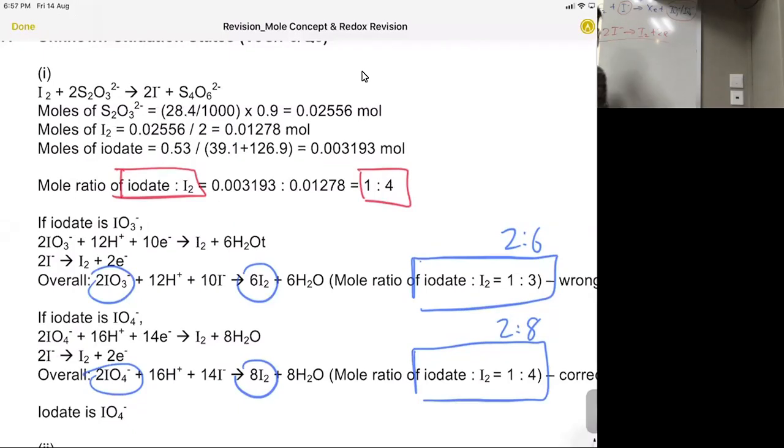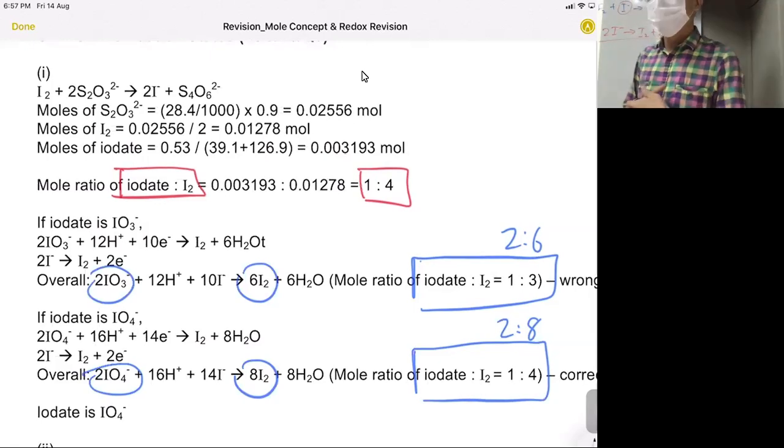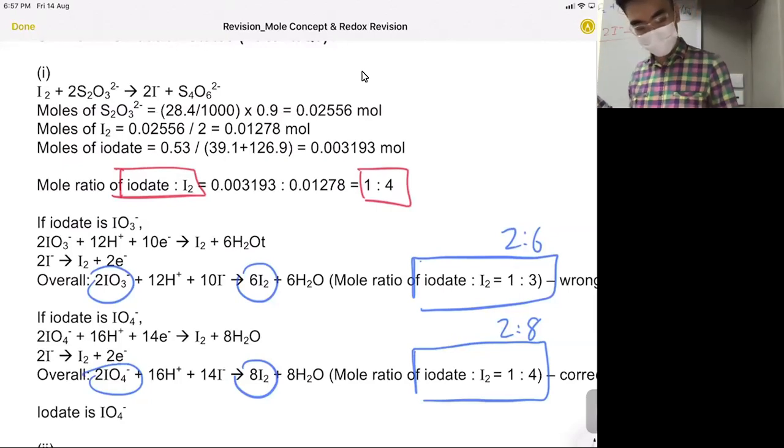What do you know? Okay, I just move on a little bit. If you need this back later, I will just come back to the ratio.